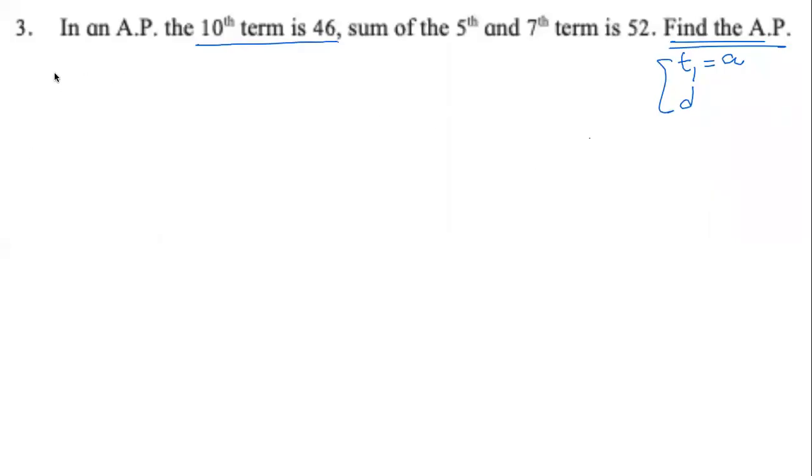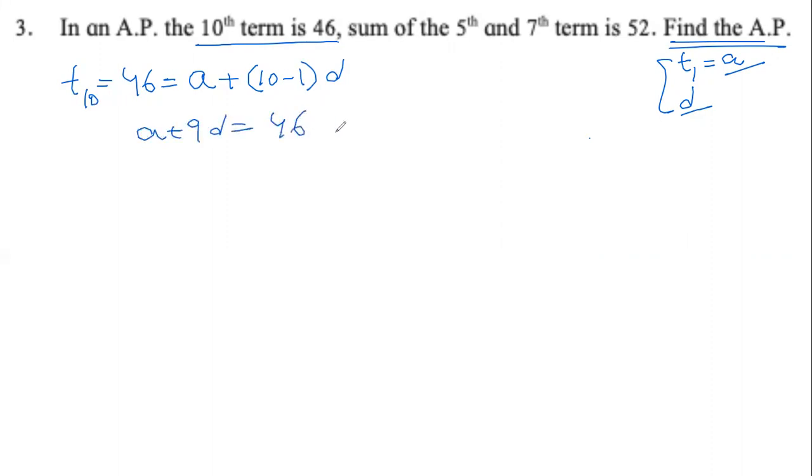So when we say 10th term, yes, it is T10, and it is 46. All that is fine, but with this, we will not be able to solve. We need these things, A and D. So if we write 46 in terms of A and D, it will be A plus 10 minus 1 into D. And when we simplify this, we can write A plus 9D equals 46. This becomes our equation 1.